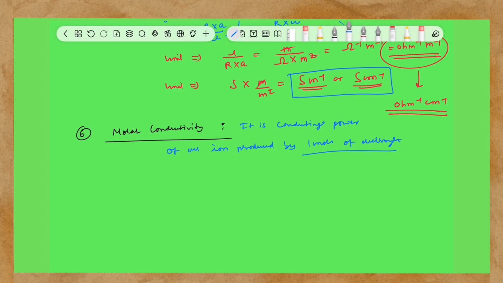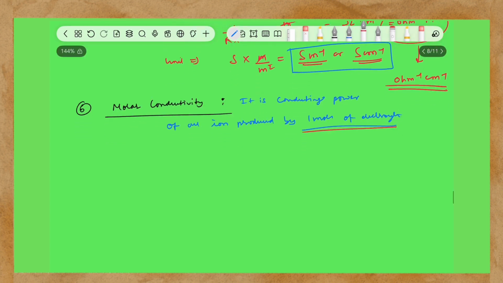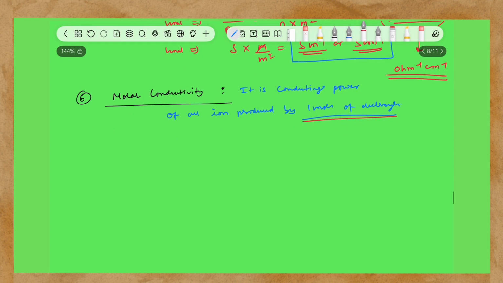How do we write its formula? It is represented by lambda. Sometimes we write it like this, sometimes like this. For the word molar we write a small m.